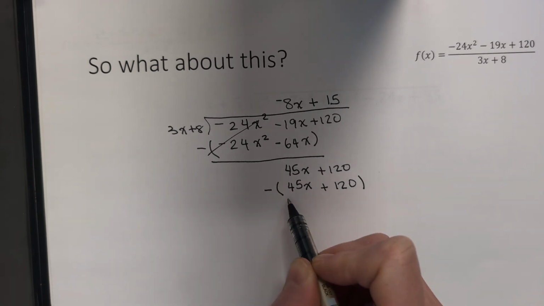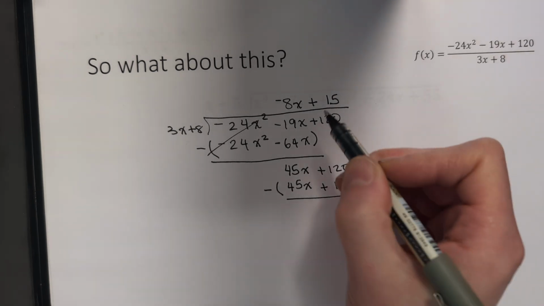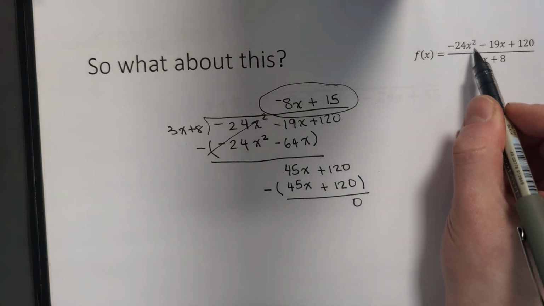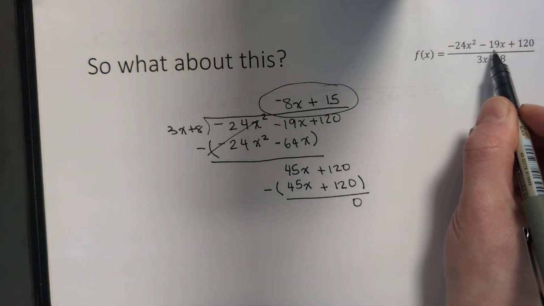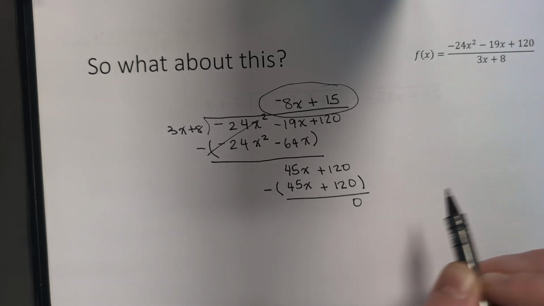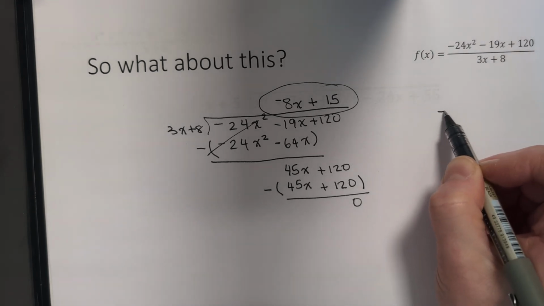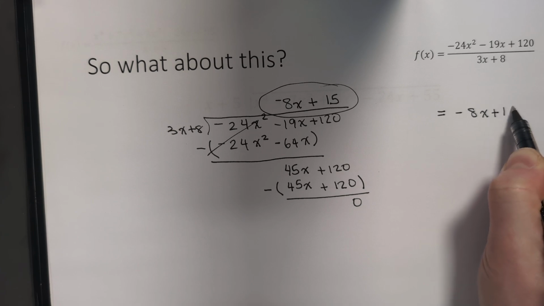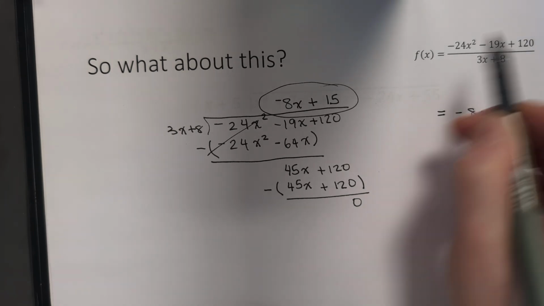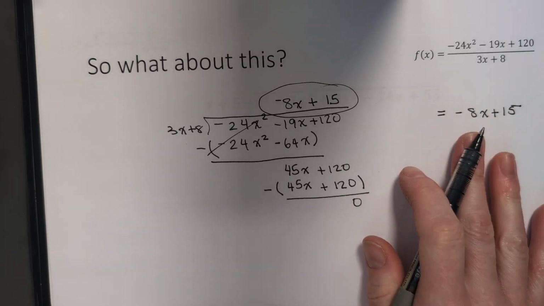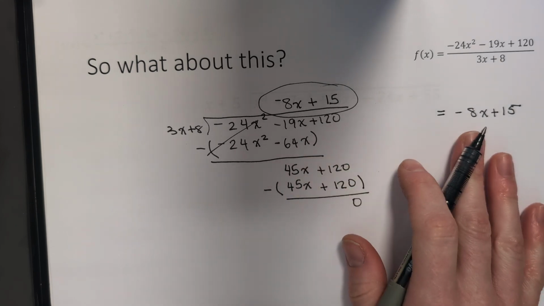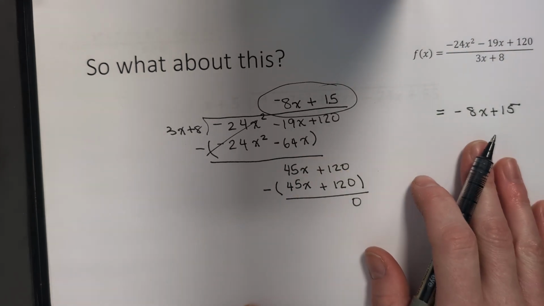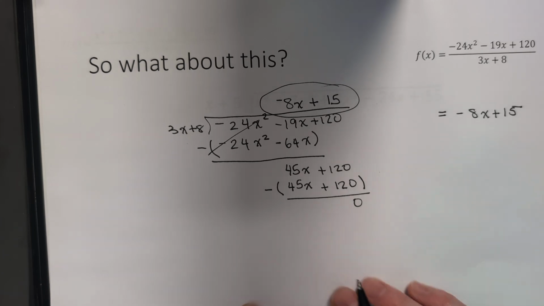Because now when we subtract, we get 0, we have nothing left. So there's our quotient. That means if I divide negative 24x squared minus 19x plus 120 by 3x plus 8, I get negative 8x plus 15. Okay, when we look at rational functions, we'll look at the difference slightly and how that pertains to the graph, but here you have the division that you'll need to know in order to do this.